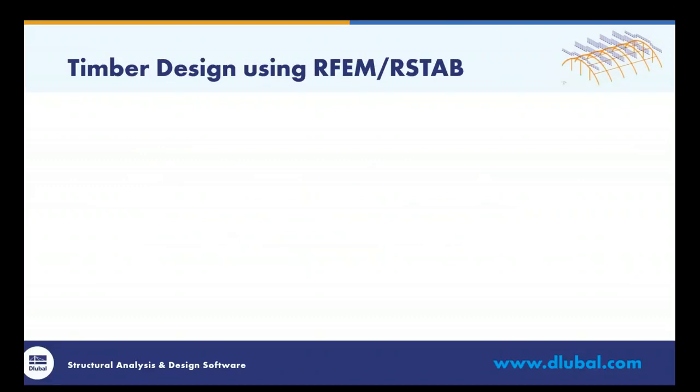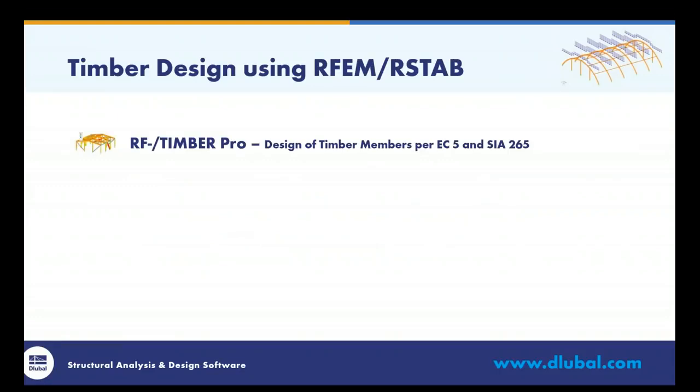Let's have a look at the timber design add-on modules. Here we have the module RF-Timber Pro, or just Timber Pro, always depending on if it's for RFEM or RSTAB. With this module, we can do a design for timber members per Eurocode 5 or the Swiss standard SIA 265.